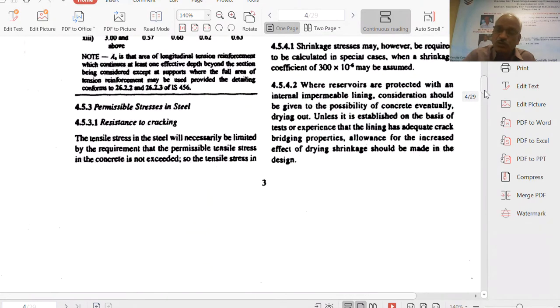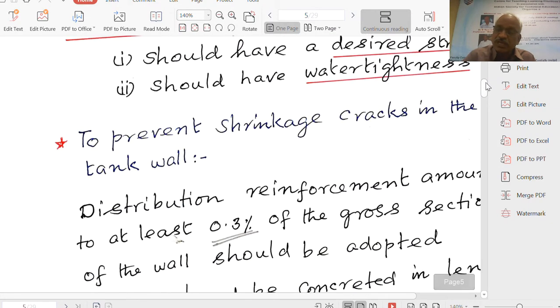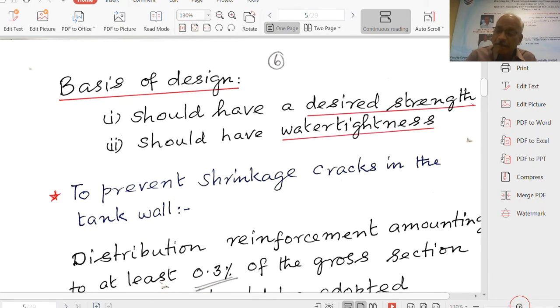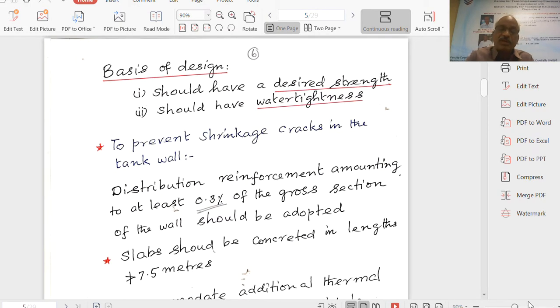So just to introduce the code also, because we are going to design based on the code book only, right? The concrete that is used in water tanks will have to possess the required strength, and also the concrete used in water tanks will have to be watertight.